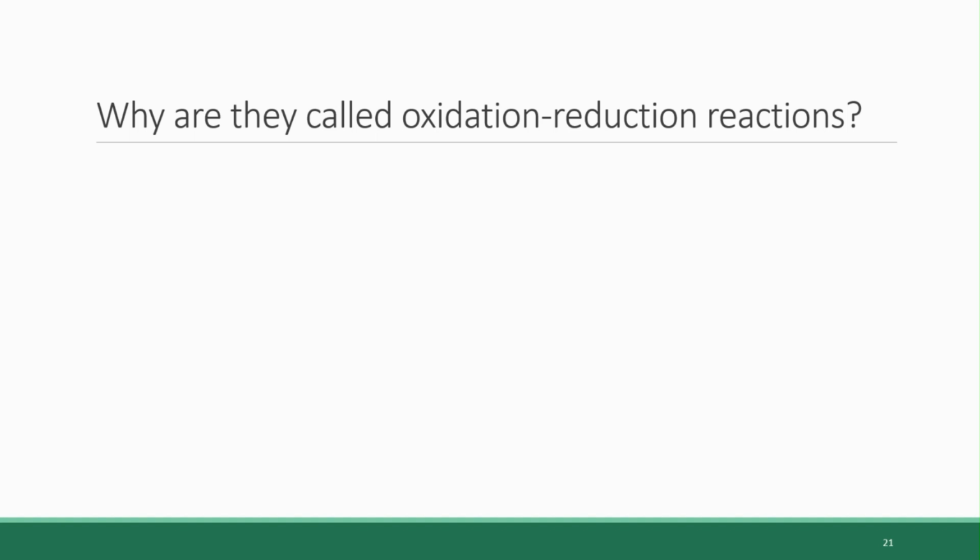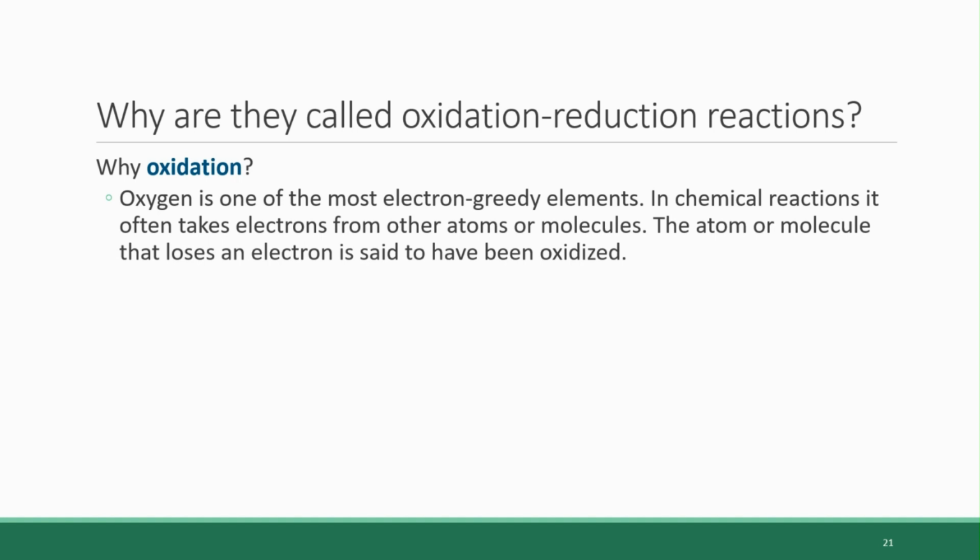First of all, what is the meaning of oxidation? Well, this part of the name derives from the element oxygen. Oxygen is one of the most electron greedy elements, and so when it engages in chemical reactions, it often takes electrons from other atoms or molecules.